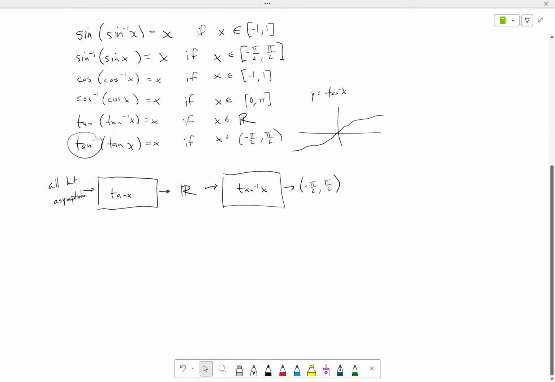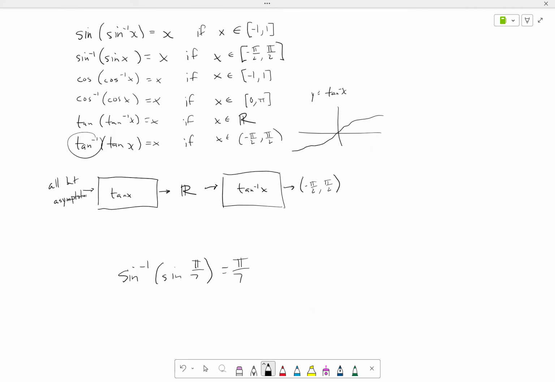So for instance, if you see something like this, sine inverse of sine of pi over 7, do these cancel? Yeah, inverse sine and sine cancel, because with pi over 7 there's definitely no issue. It's in the first quadrant.